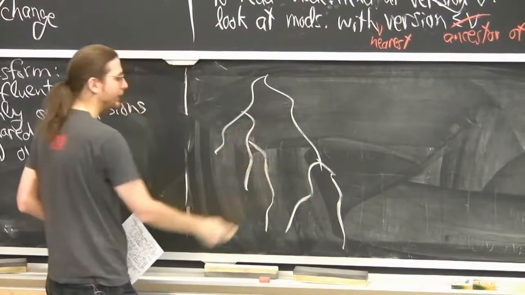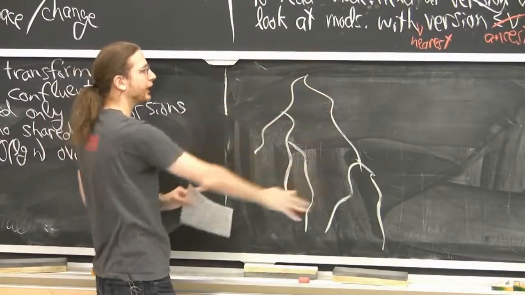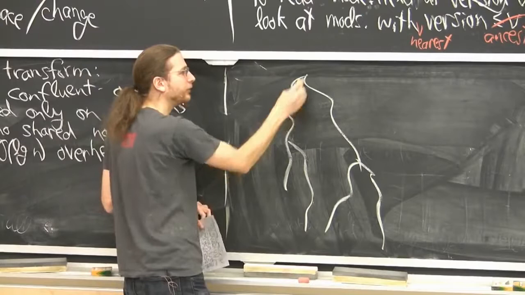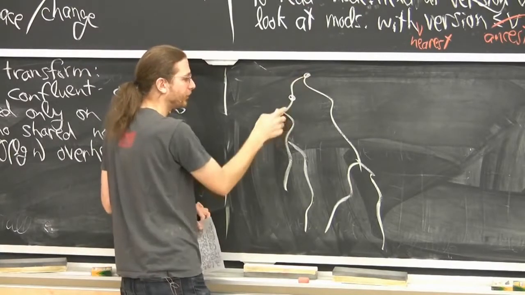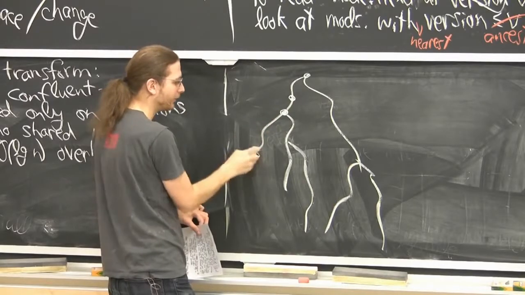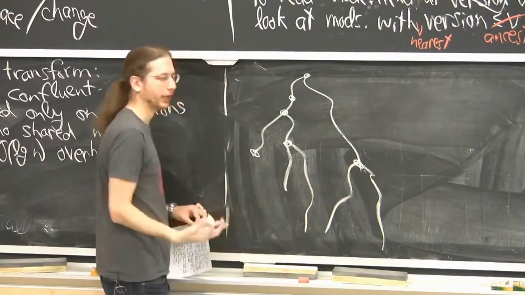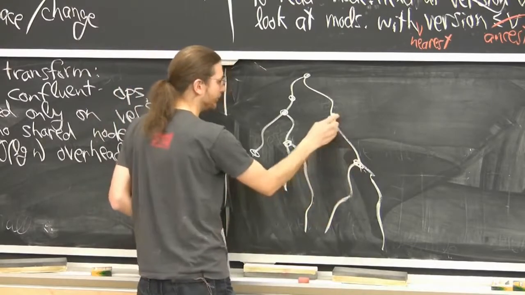Okay, I'm drawing all these wiggly lines because there are all these versions where the node isn't changing. This is the entire version DAG. And then in some of these versions, that node that we're thinking about changes. Okay, whenever it branches, that's probably because the actual node changed, maybe, I don't know.